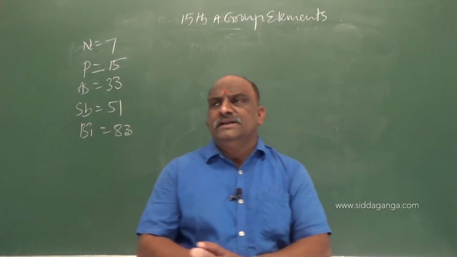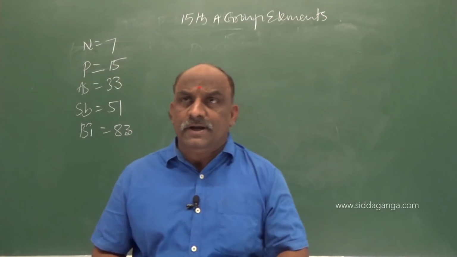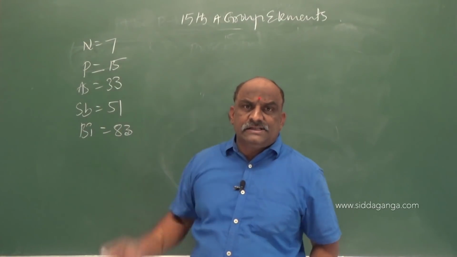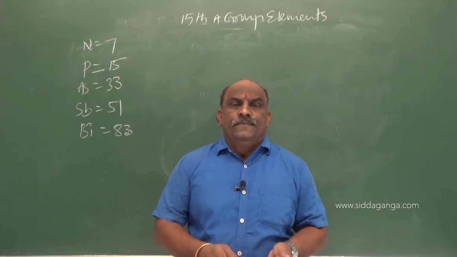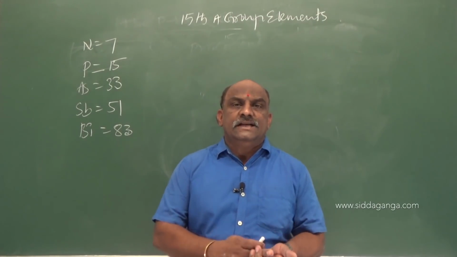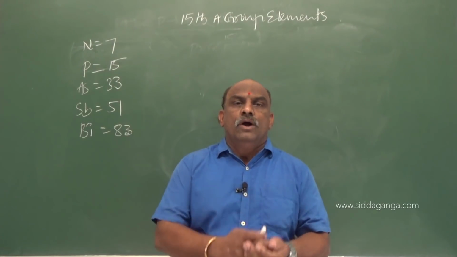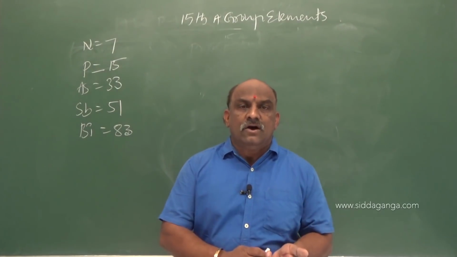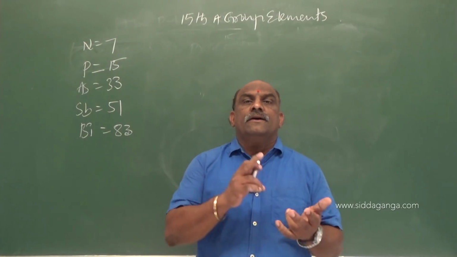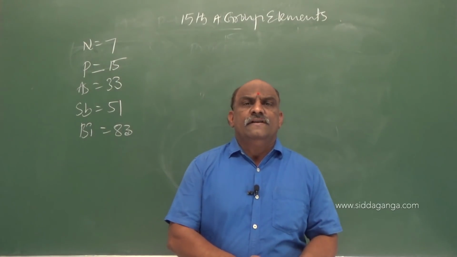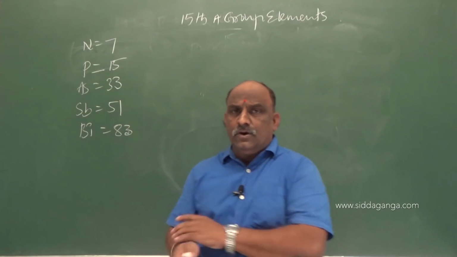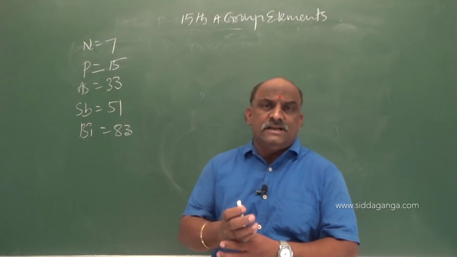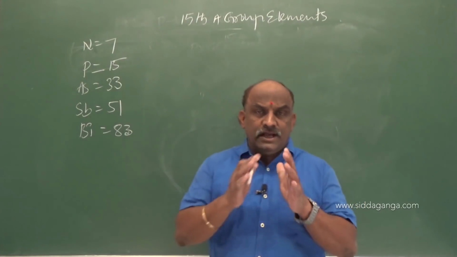Those are the general characteristics: atomic radius, ionization enthalpy, electropositivity, electronegativity, density, melting points, boiling points, general oxidation number and reducing nature. These are the general characteristics of 15th group elements. Not only for this group, the general characteristics of all groups follow like this.